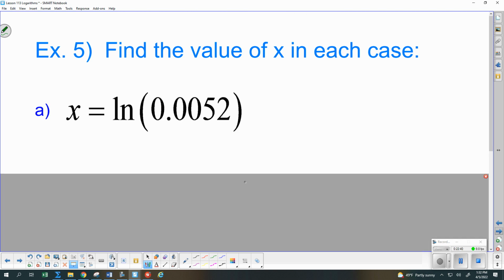So if we want x is ln 0.0052, can we just punch that in on the calculator? Some of your homework problems will just be punch it in on the calculator and write down what you get. JC, what do you have?